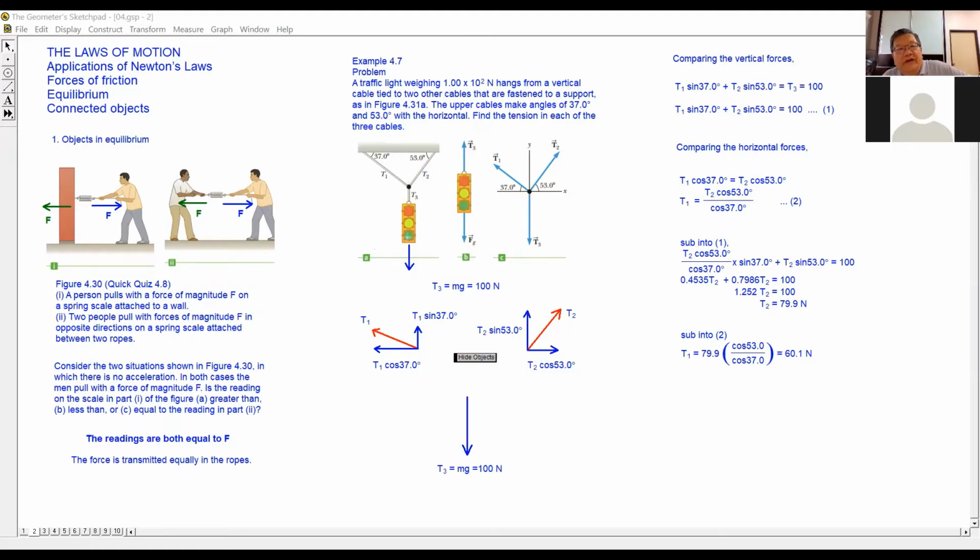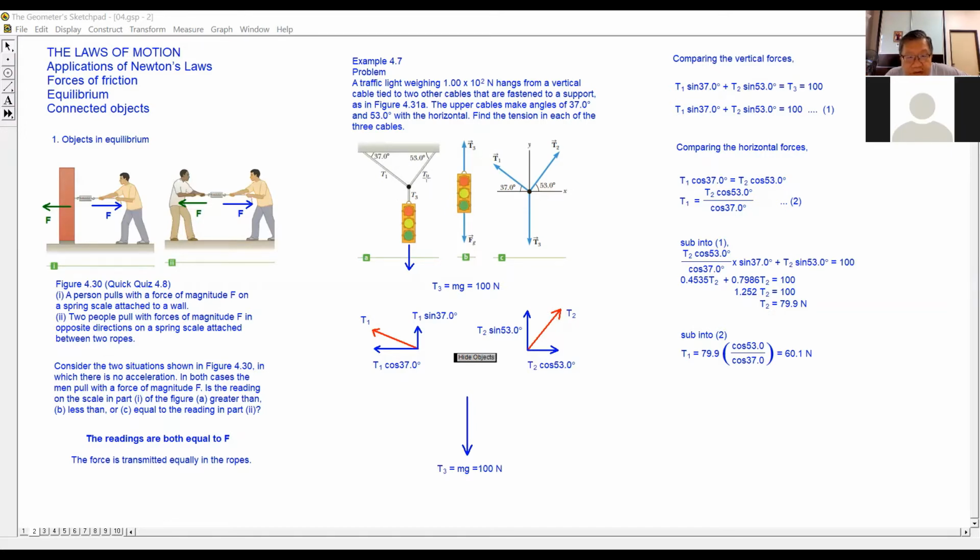You don't look at the traffic light. You look at the point of equilibrium, the black dot here. The black dot is from where the forces branch out. So three forces branch out from this black dot here. So we look at this black dot. Since this black dot is not moving up, down, or sideways, the three forces are at equilibrium.